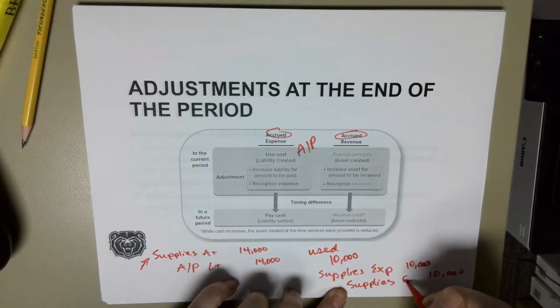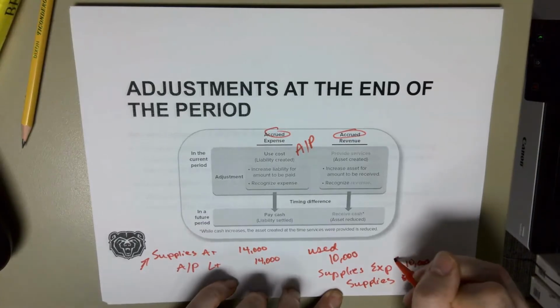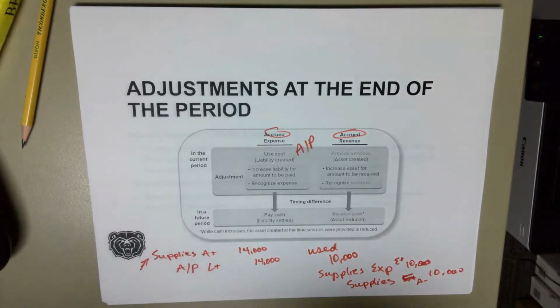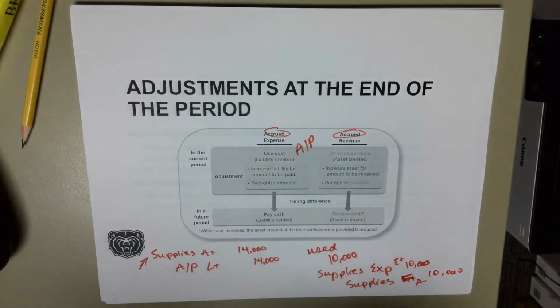Okay, so that's a decrease to an asset and an increase to an expense. It will make more sense the more often we do this, but just know it's the same thing. We're just recognizing the usage of those resources, right?